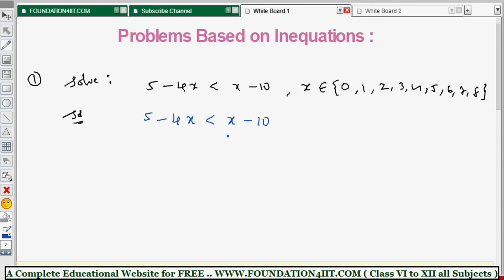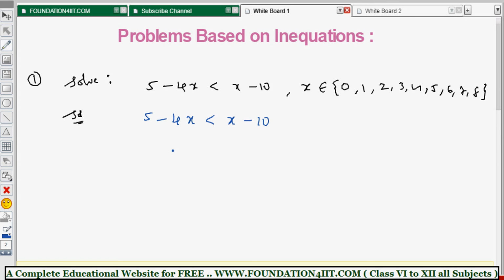The problems related to inequations we solve the same way as equations, but in some cases you need to apply the properties. When you multiply both sides by a negative number, you should interchange the inequality sign. When you divide by a negative number also, we should interchange the inequality. Apart from that, everything else stays the same. First, adding negative 5 on both sides.